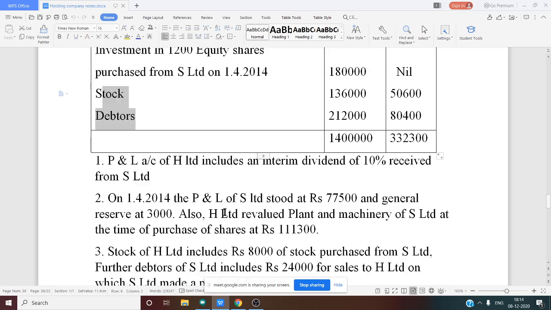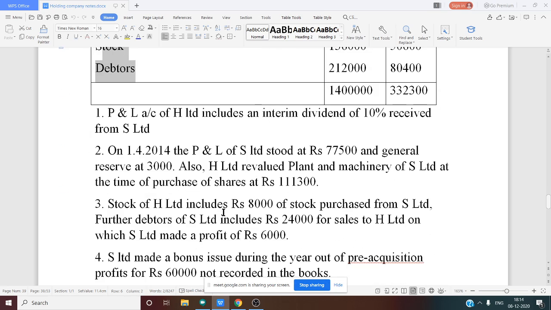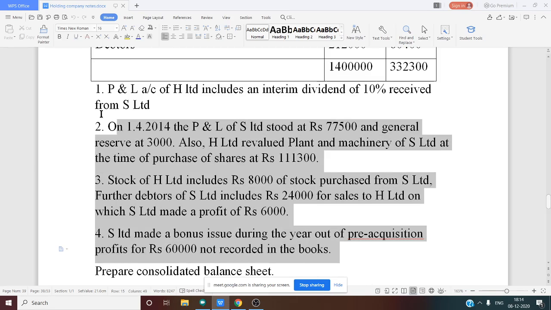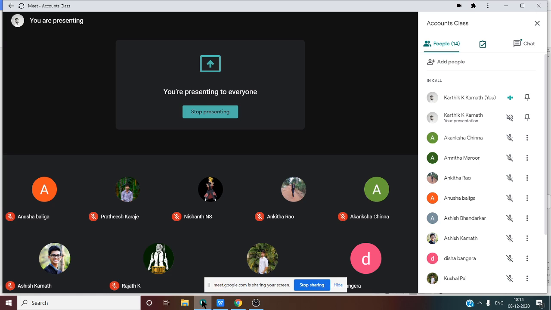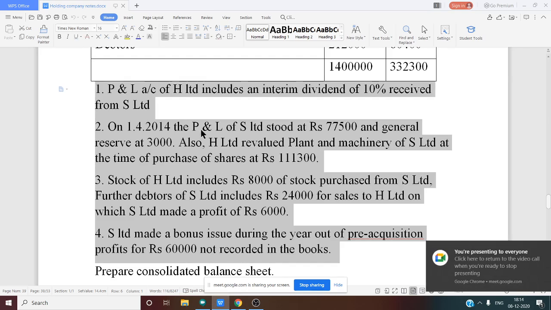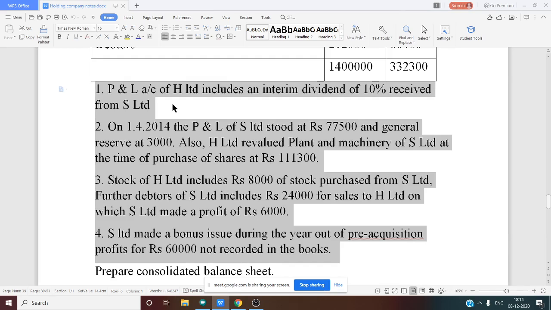Yes, after the balance sheet, there are 4 adjustments. See this, 4 adjustments are mentioned that we have to see. So the first one: the P&L account of the holding company includes an interim dividend of 10% received from the subsidiary company, that is S Limited.